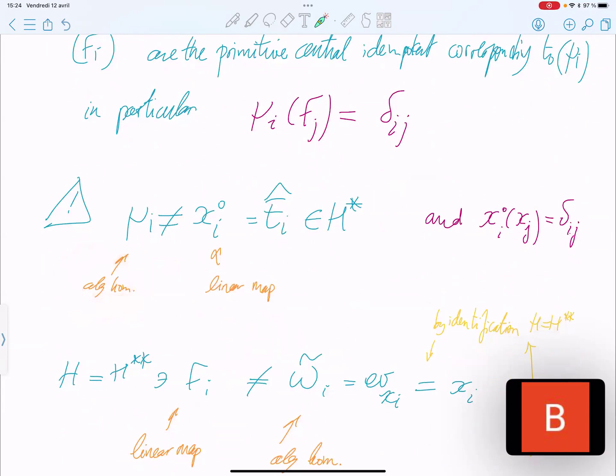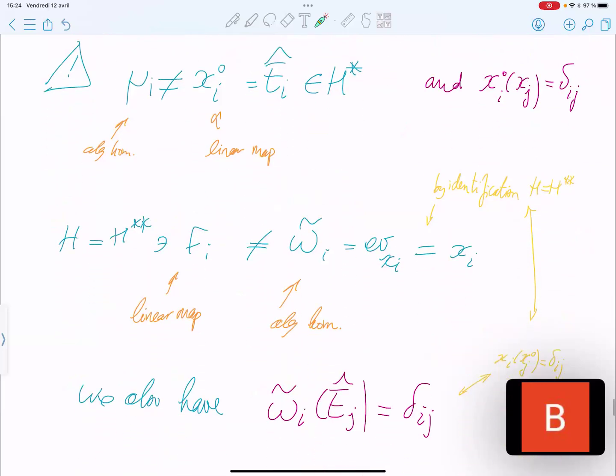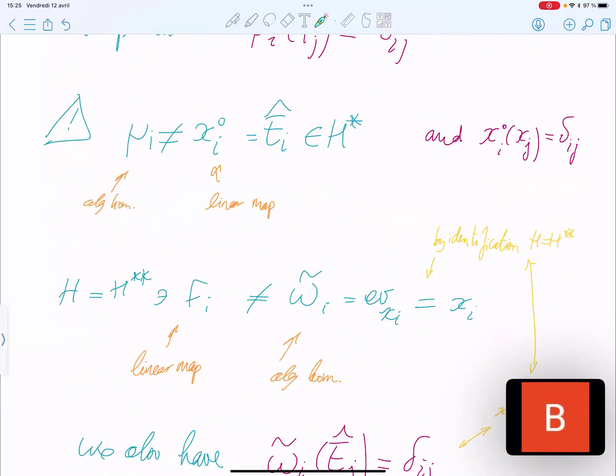But we have, in fact, by definition, that it's just the coefficient of xi. So if i is different from j, it's 0, otherwise it's 1. Okay. Then you consider the map from X star to the field, an element of the double dual, evaluating at xi.